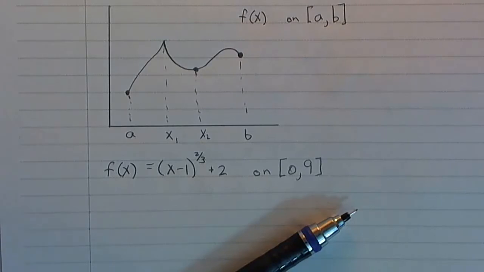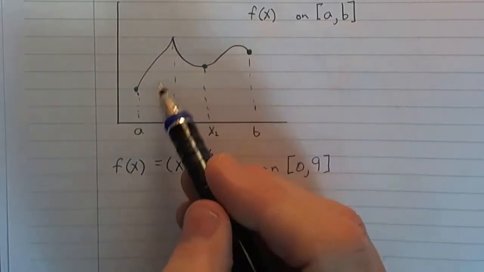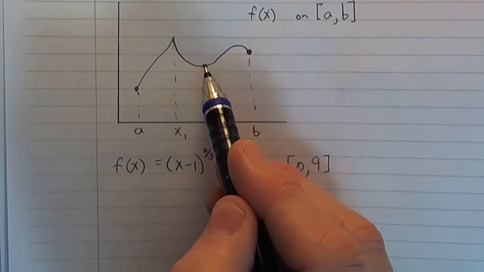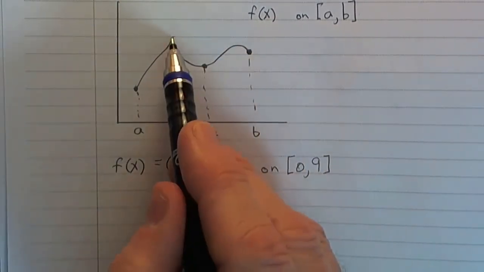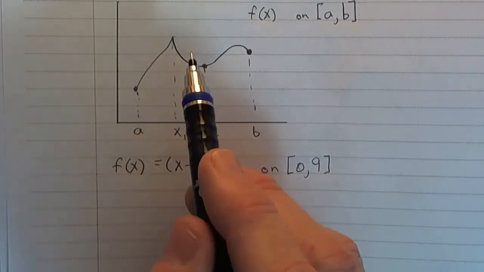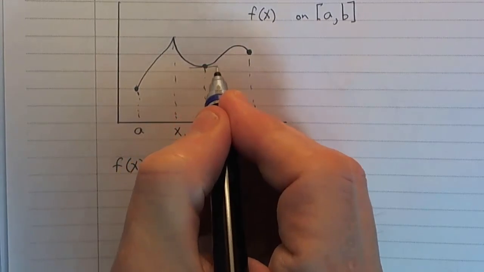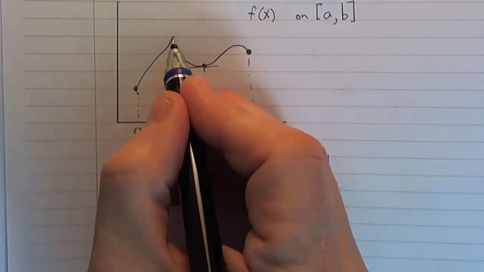Now let's look at another example. To get ready to explore that example, let's just in general look at a curve like this. Let's suppose that we've got this function on AB, and it has a minimum here, but it's got a maximum right here. Obviously here it has a horizontal tangent. But notice up here, there's a sharp point.